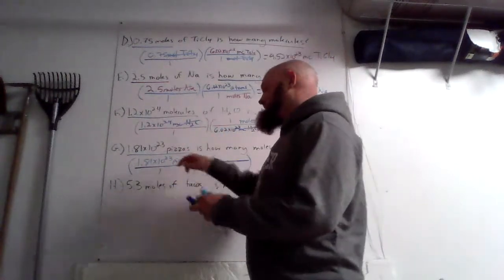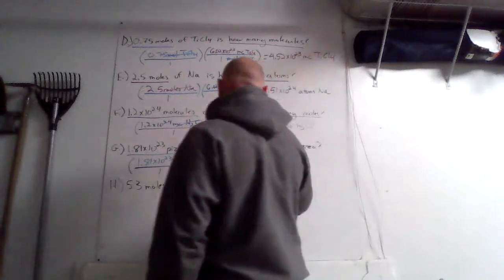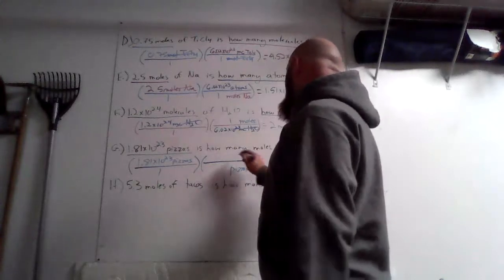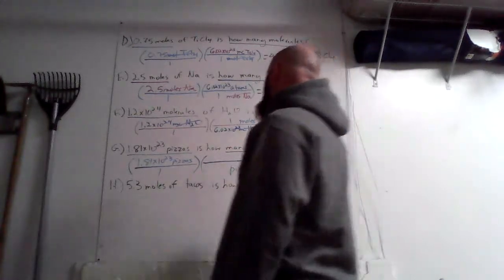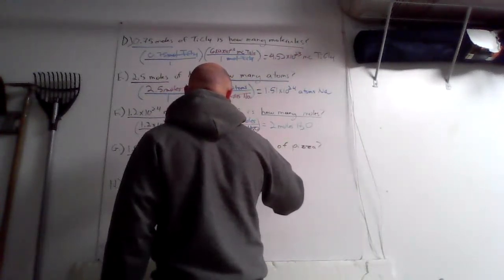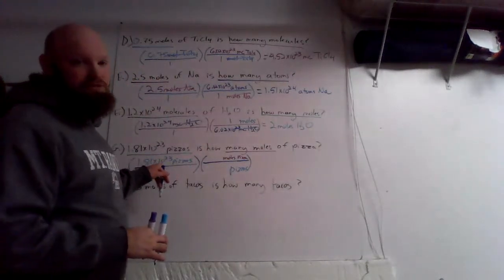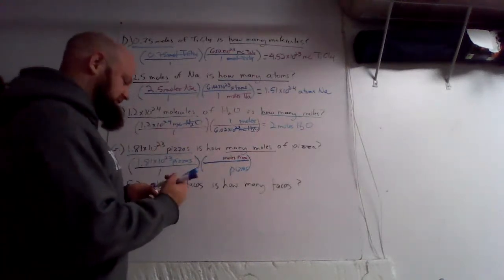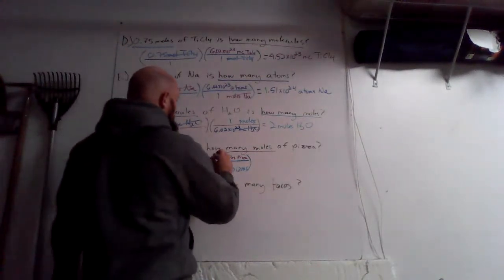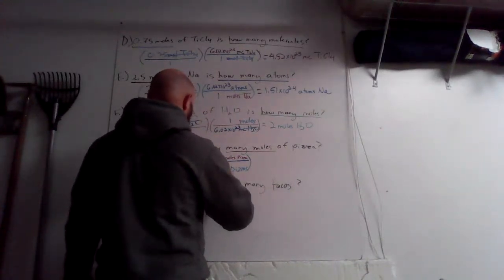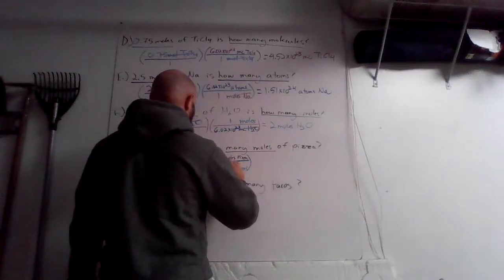Okay, so I have pizzas. I bring pizzas down. It says how many moles? So I'm going to have moles of pizza. Just so you know, this is a ginormous number. This is 1.81, so remove the decimal point 21 places after that. I wish I had that many pizzas. 1 mole is always equal to 6.02 times 10 to the 23rd.